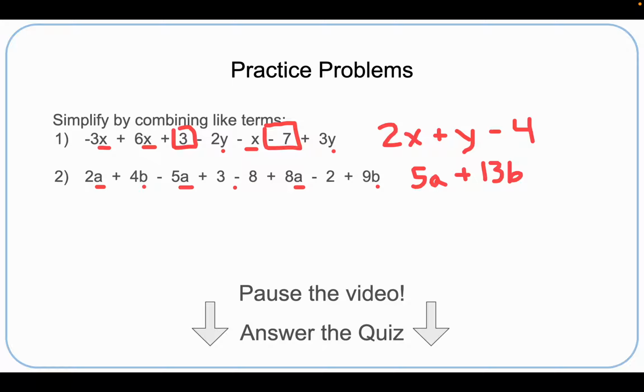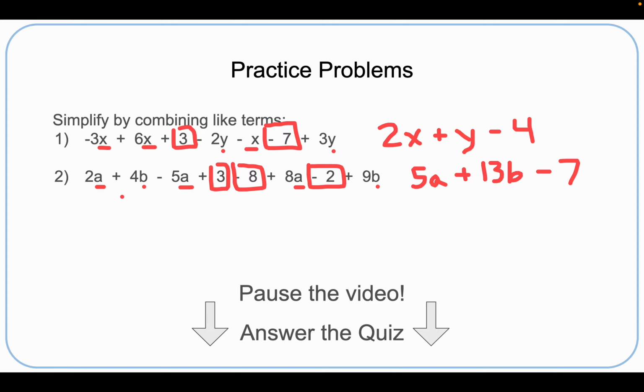And then that looks like all the variables, so we're just left with constants. So plus 3 minus 8, that's negative 5. And then minus 2 is negative 7, or minus 7. And that is our final simplified answer.